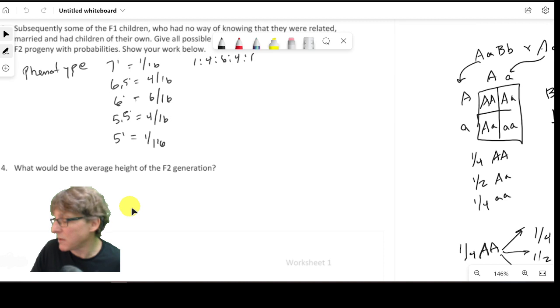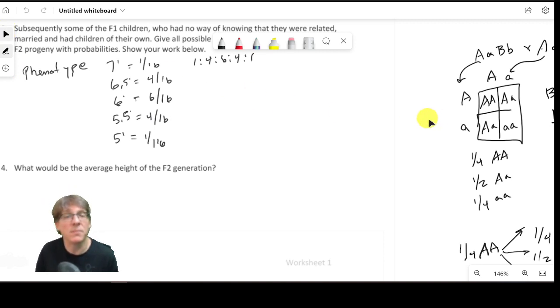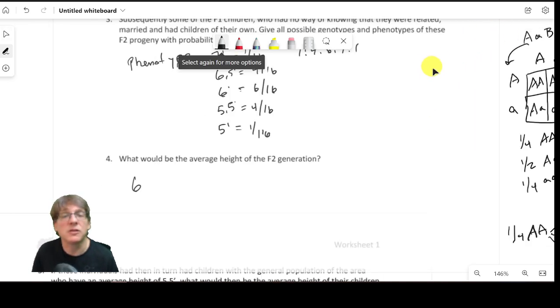Okay, so now I said there are 2 different ways to do this. So that's one way of just calculating out exactly how many differences there are. The other way to do this is to remember the work by Edward East. He's the guy that worked with tobacco flowers.